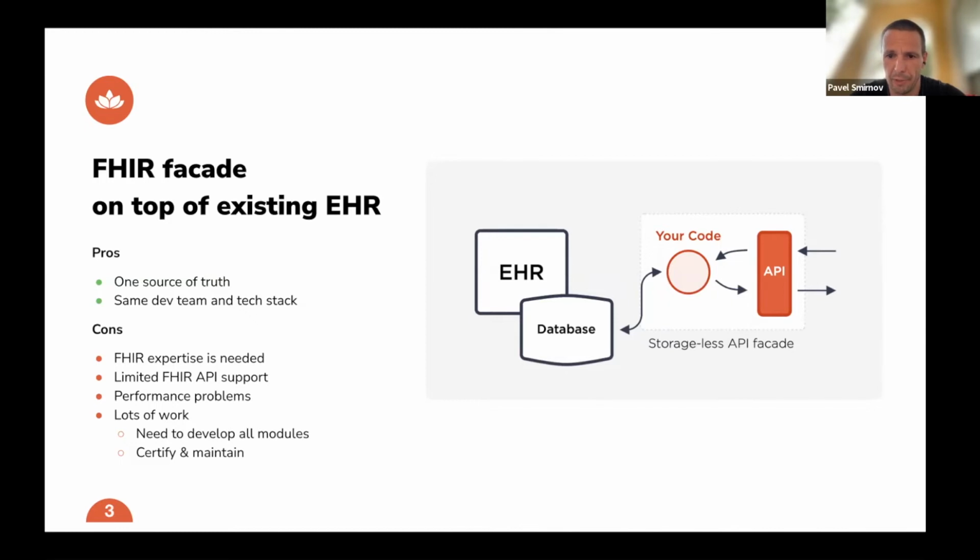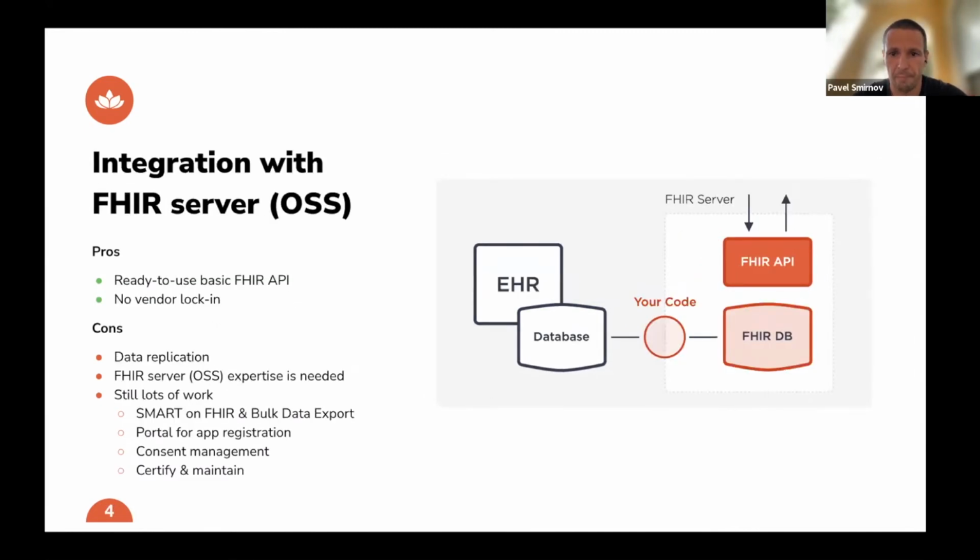And also, if your API is used intensively, this can also slow down the experience of regular EHR users, who are not working through the API, but working with the same database. So again, there are pros and cons, and this is one route. The other potential route by which you can become compliant with the G10 rule is to choose an open source FHIR server from the market and integrate your EHR with this FHIR server.